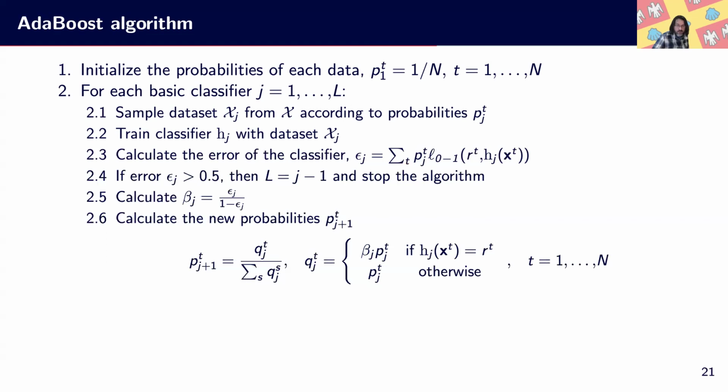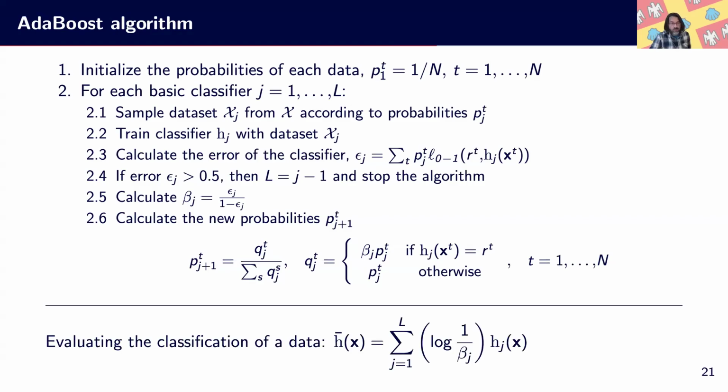The beta is later used to adjust the Q, which is the value that we renormalize to get a probability. That setting allows us to increase the probability of misclassified samples and decrease the probabilities of the other, well-classified samples.